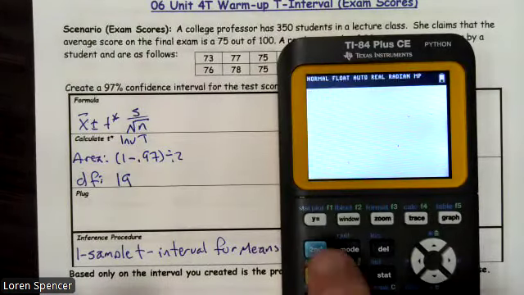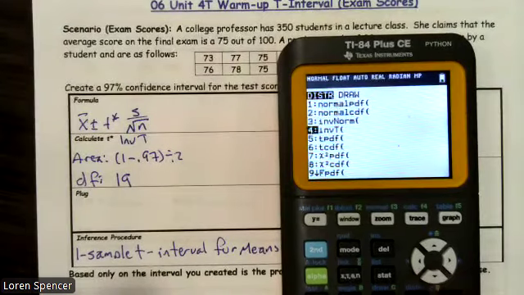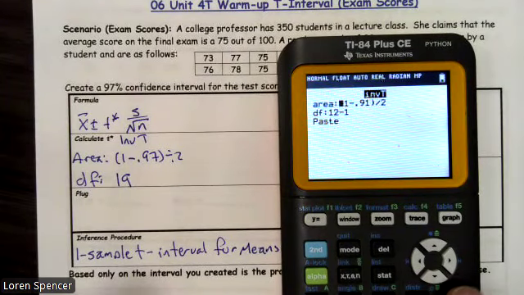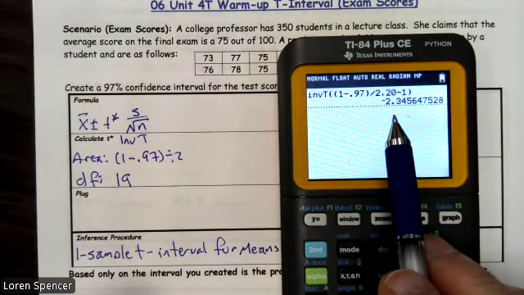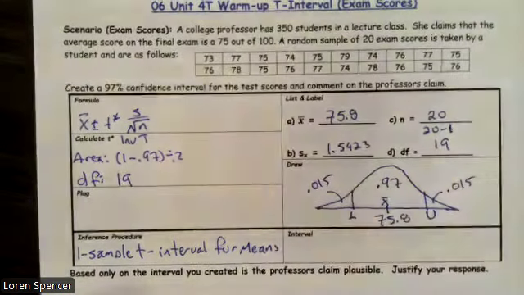So let's do that. Second vars, inverse T. We have parentheses 1 minus 0.97, close parenthesis, divided by 2. Degrees of freedom is 20 minus the 1, or just 19. And we end up getting a t star, and make it positive, a 2.3456.